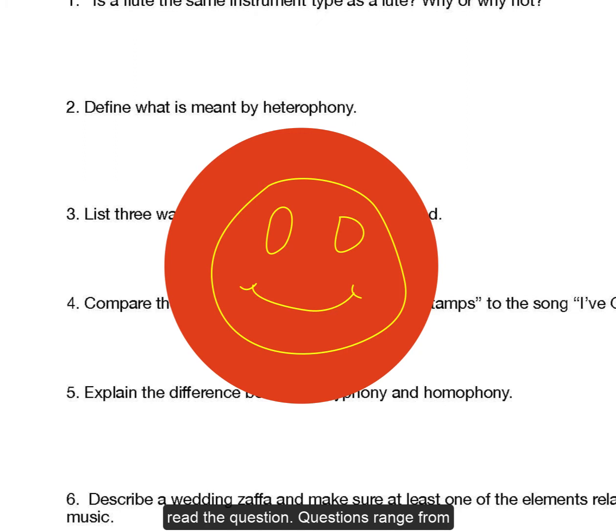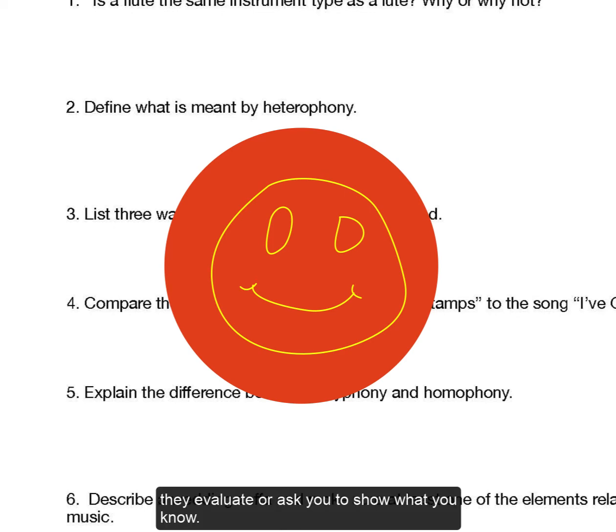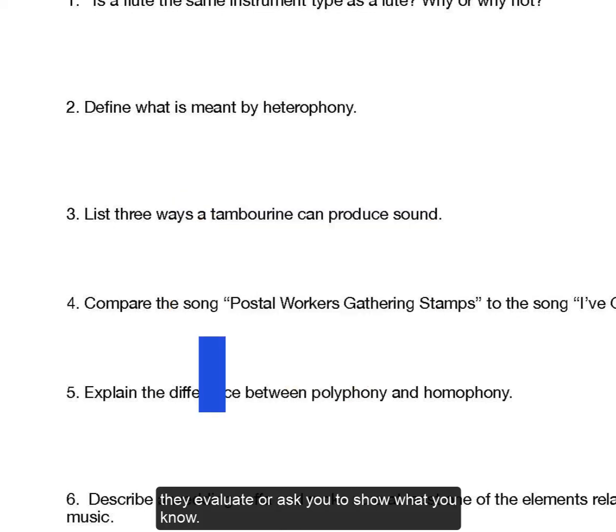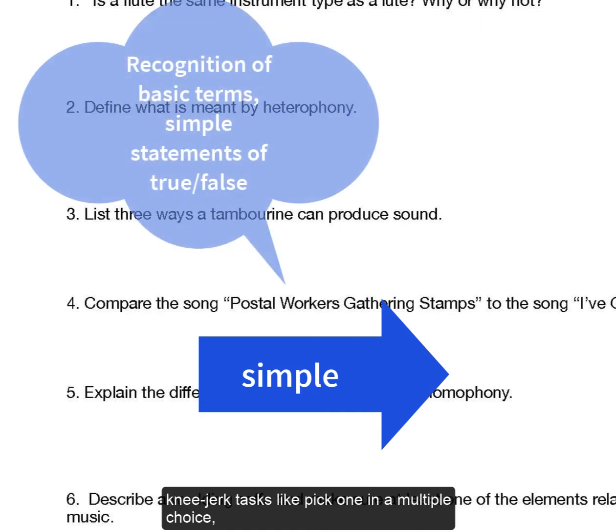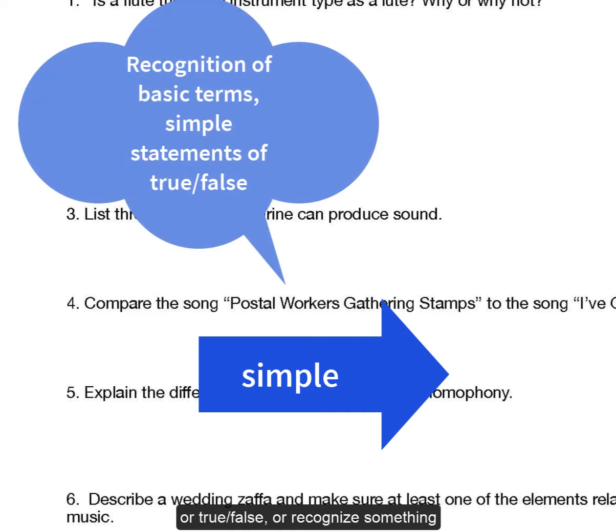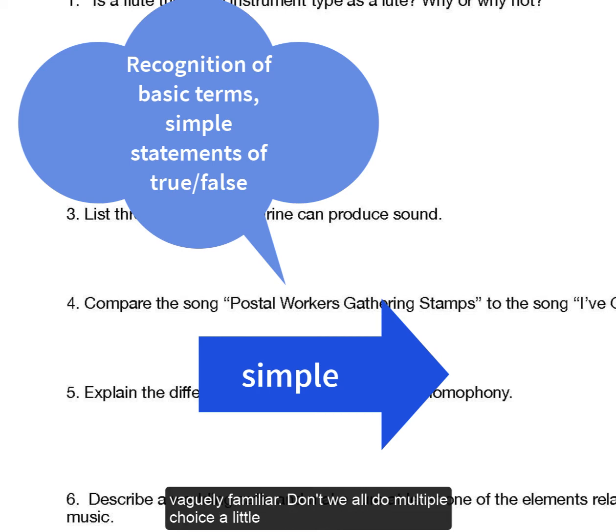Questions range from simple, medium, to complex in the way they evaluate or ask you to show what you know. A simple question is basically sort of what we might call knee-jerk tasks, like pick one in a multiple choice, or a true-false, or recognize something vaguely familiar.